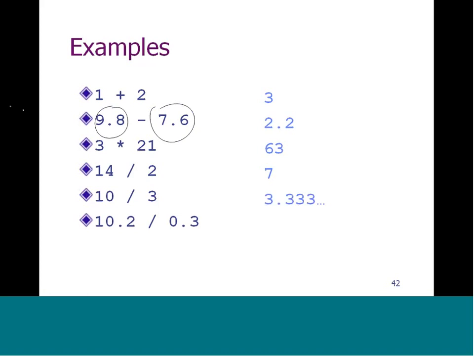10 divided by 3 is a floating point number, 3.33333. Again, in Perl the precision is limited by what your computer allows. And then 10.2 divided by 0.3 is 34.